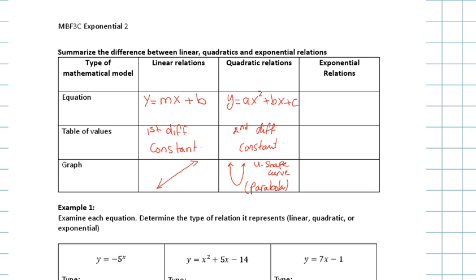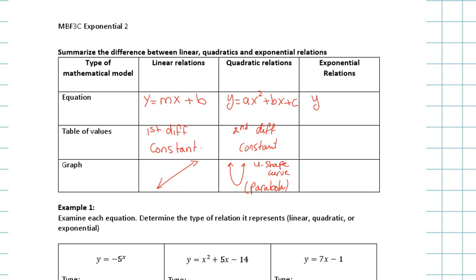Now, with the exponential relation, the equation is going to be y equals, it doesn't have to be 2, it can be any number, so we're going to give it the letter b because that represents a base. So y equals b to the power of x, where your exponent is your variable.